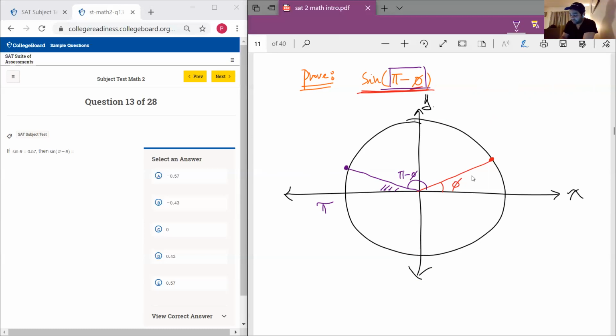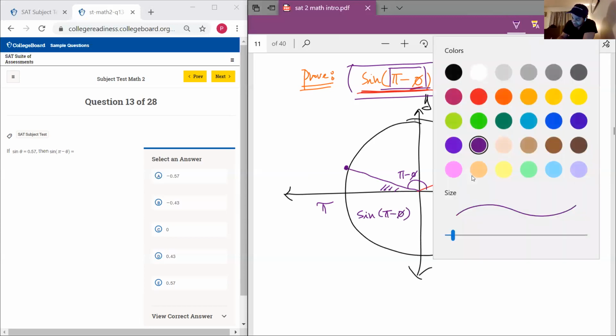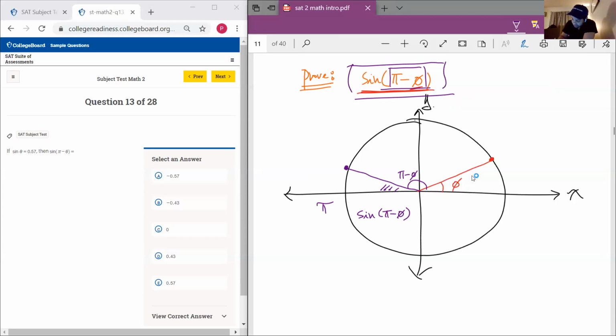I'm trying to prove what is the value of sine of pi minus theta. Now, if you remember, sine in the context of a unit circle is always going to be the y value of that angle, right? And cosine is synonymous with the x coordinate. So sine of pi minus theta is going to be this length here.